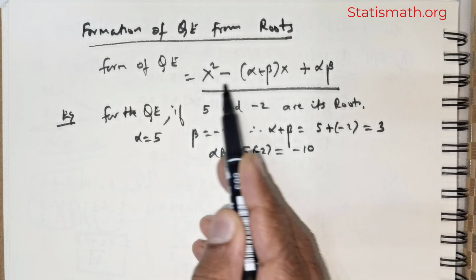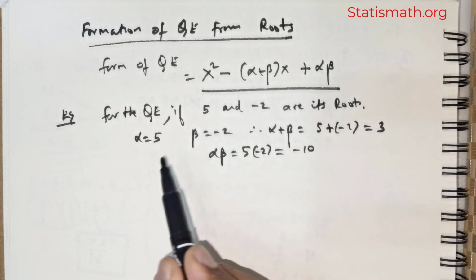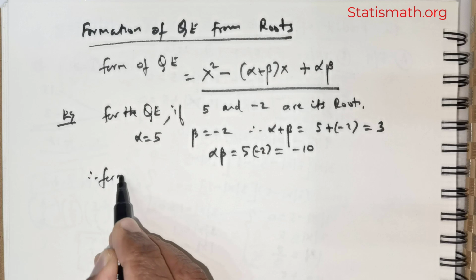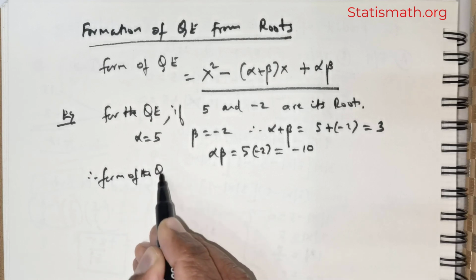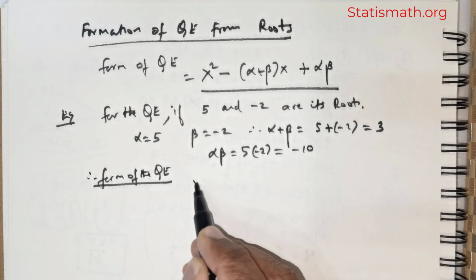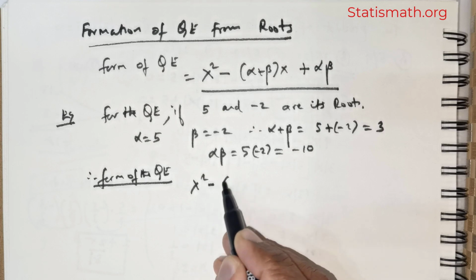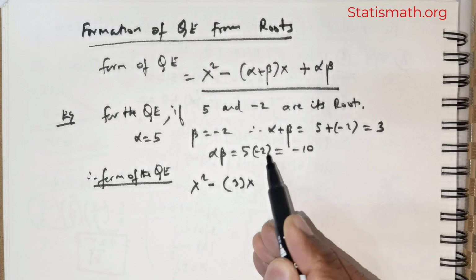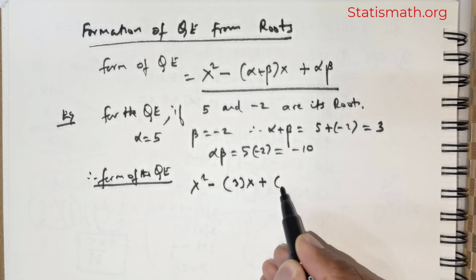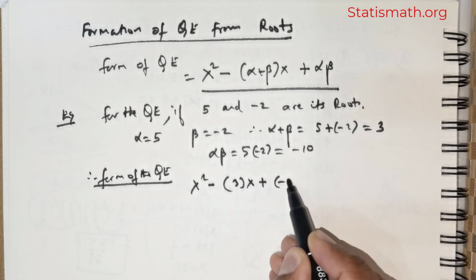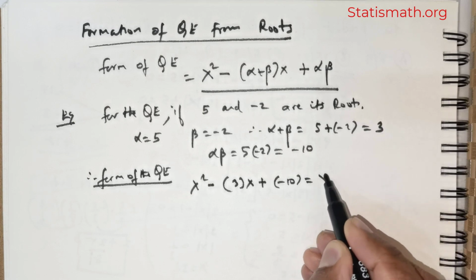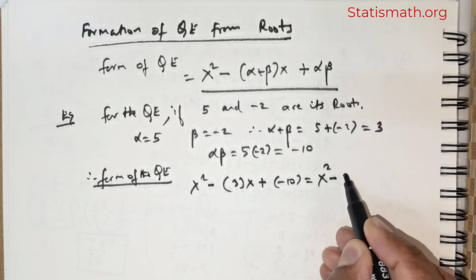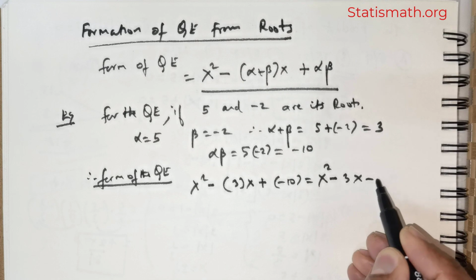Now we are going to be using this system, so therefore the form of the quadratic equation is going to be x squared minus the sum of the roots, alpha plus beta, which is 3, and place the variable x, followed by the product of the roots, alpha times beta, which is negative 10. If you were to rewrite this, we would get x squared minus 3x minus 10.